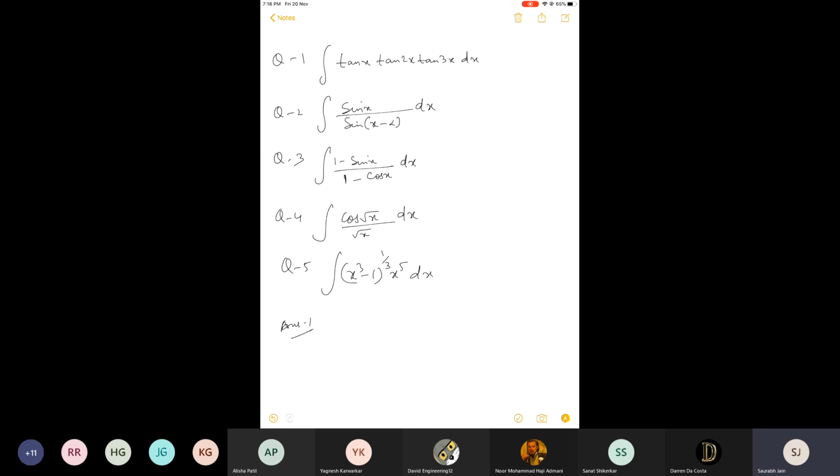And that is, since 3x is equal to 2x plus x, this is basic maths, everybody knows this thing. So if we apply tan both sides, and use the formula of tan of a plus b on the right hand side, it will become tan a plus tan b upon 1 minus tan a tan b.